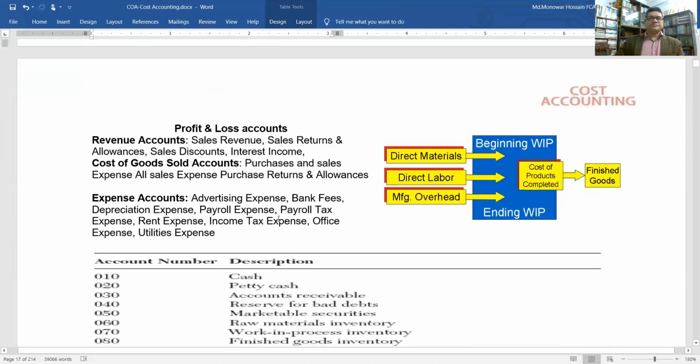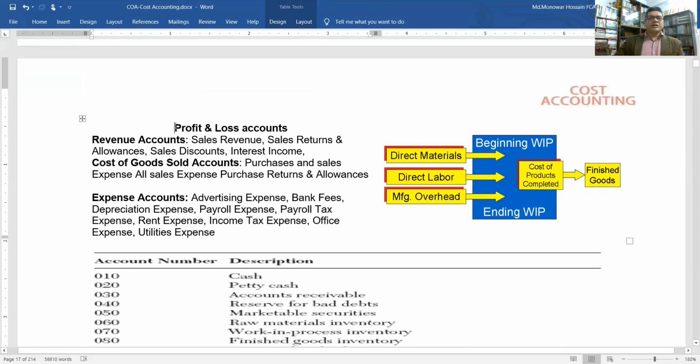So here in the chart of account for the profit and loss account, there is the revenue part, and also the cost of goods sold accounts part. In the revenue part, sales revenue, sales return, allowance, sales discount, interest income, and also the cost of goods sold account.